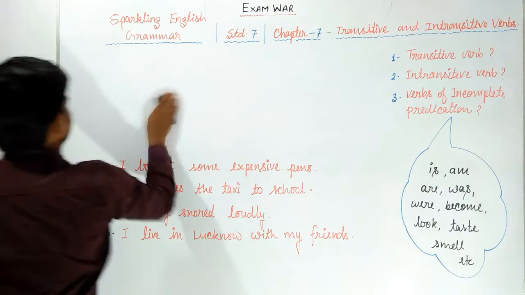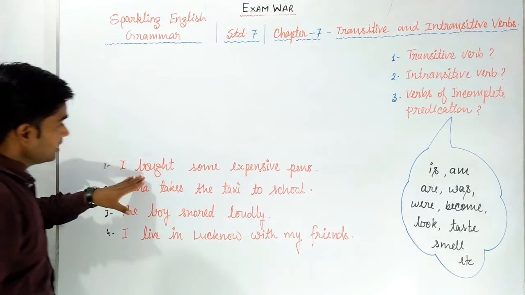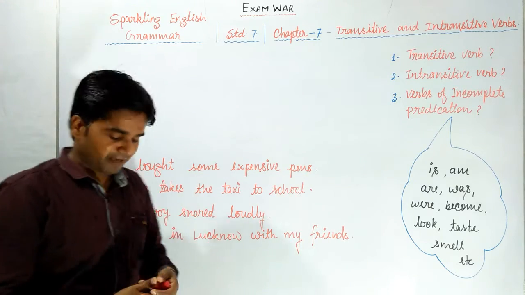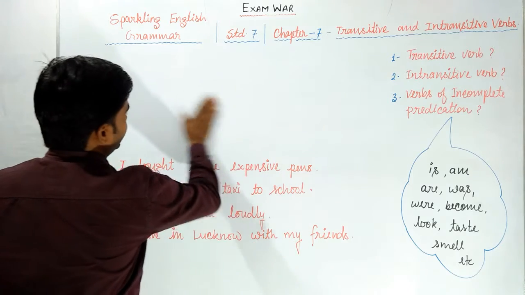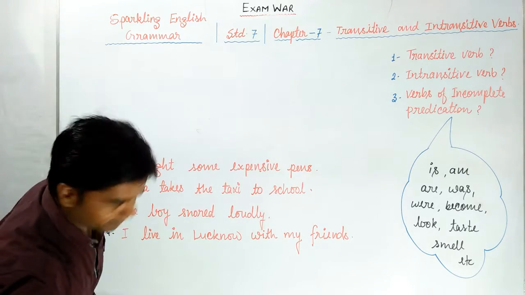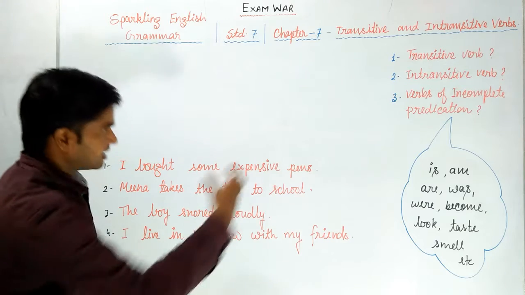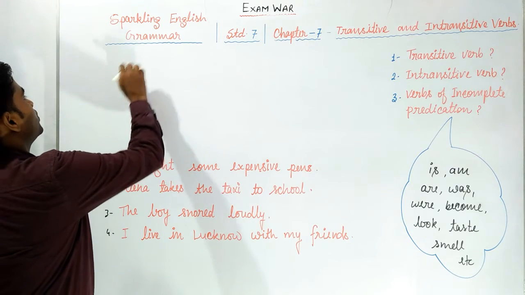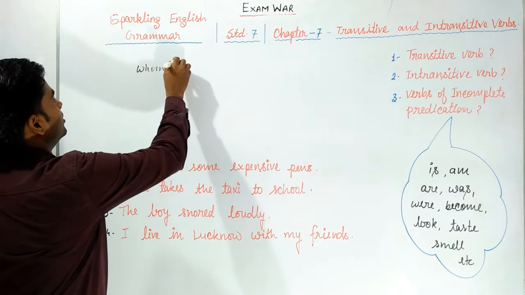So what is the first sentence? Dear students, the first sentence is: I bought some expensive pens. One more thing, dear students, if you want to find out any object, then we must ask some questions from the sentence itself. We must ask whom.